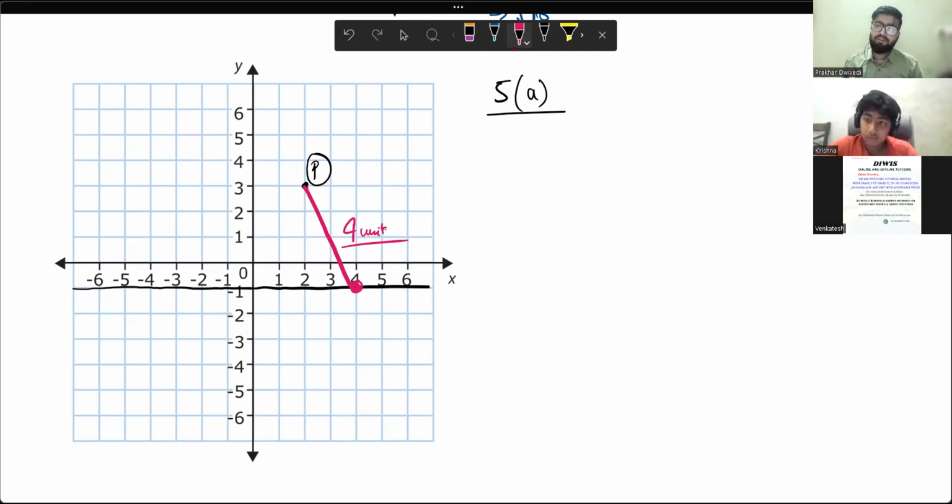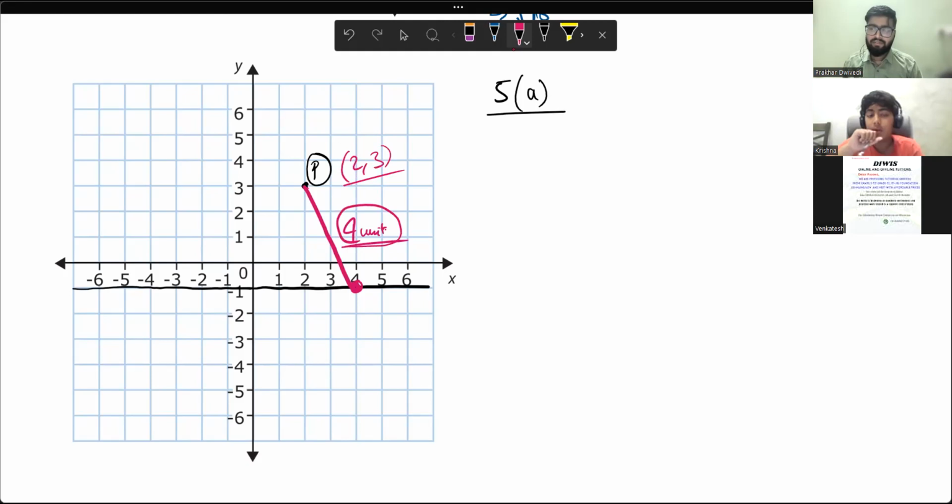Now tell me one thing. How many points will be possible? Like that point Q, that is A comma minus 1, how many points are possible here with a distance of 4? See, the question is saying that we have to find a point whose distance is 4 units from the point P, that is 2 comma 3.